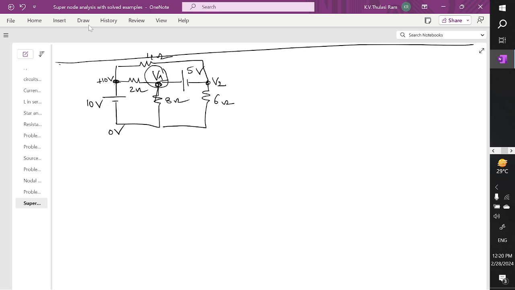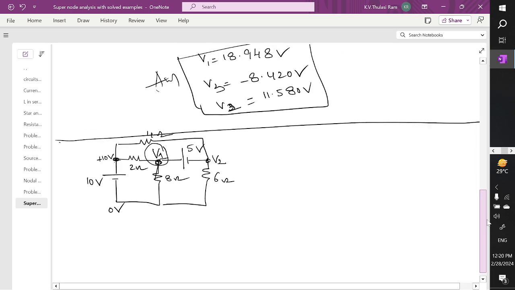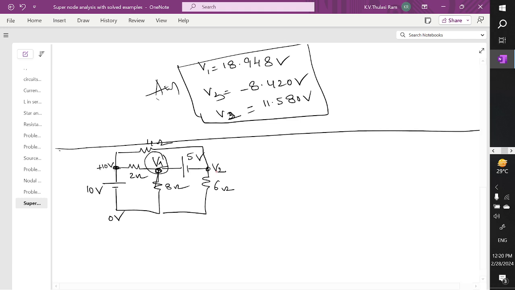Now let's try to apply supernode analysis. Okay, so now the question asked is, find the nodal voltages. He's asking us to find the values of V1 as well as V2. Otherwise you just mark this value as some V1 for your understanding, and this is some V2, and this is some V3.